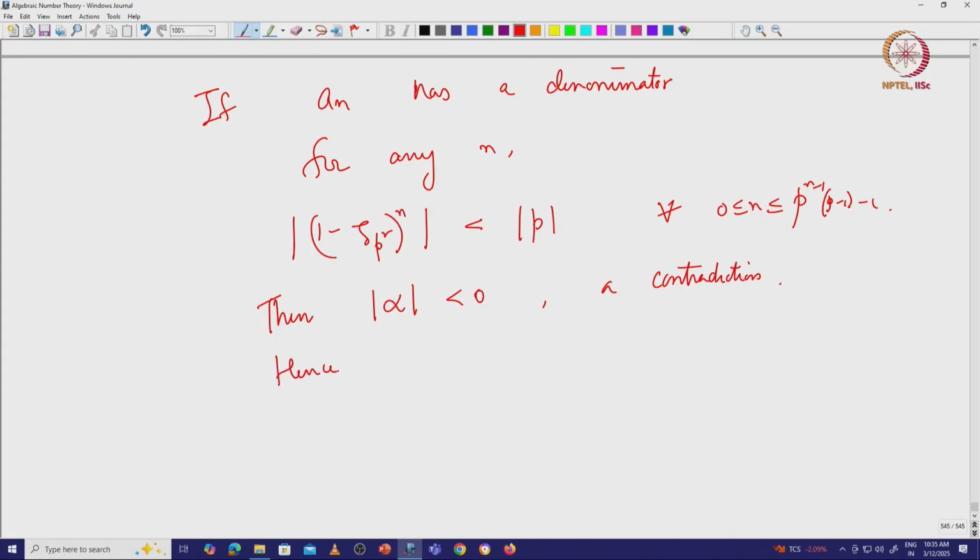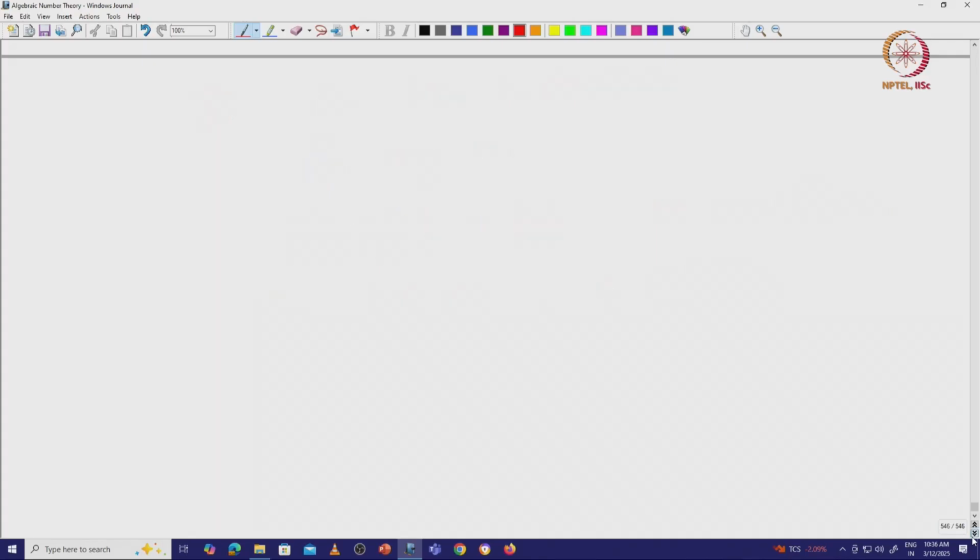Hence, all these a_n's are in fact in Z. So, hence m is equal to 1 and dk is, up to sign, simply p to the power m, right. So, how do we determine the sign now?